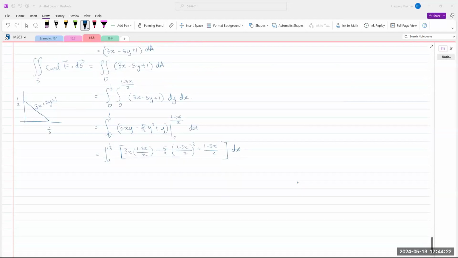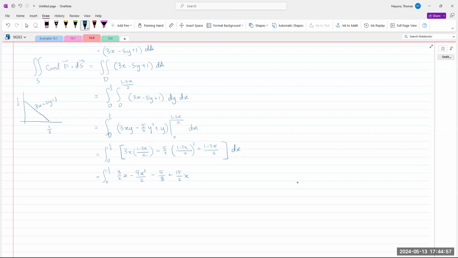Give me a second. Now we need to simplify, the painful part. From 0 to 1/3, that will be 3/2 x minus 9x squared over 2 minus 5/8, plus, what is that, 15 over 4 x. I'm sorry, that's a square.